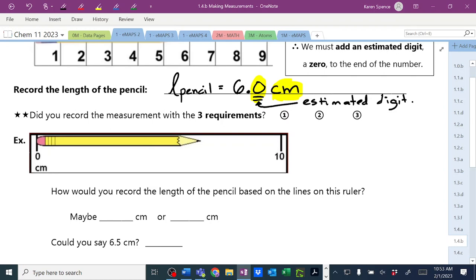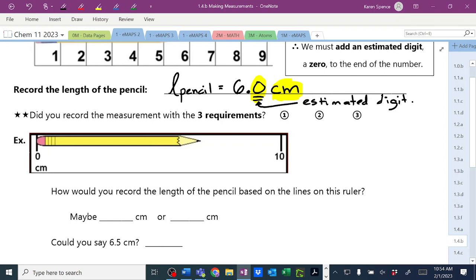Tell your partner what you would record it as. What do you guys think? Any numbers that anyone wants to throw out there?